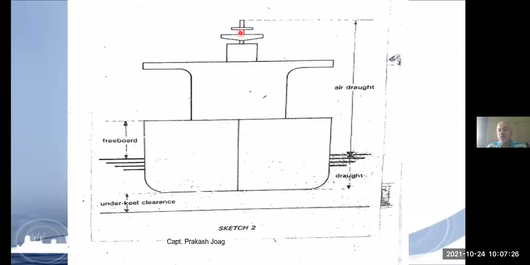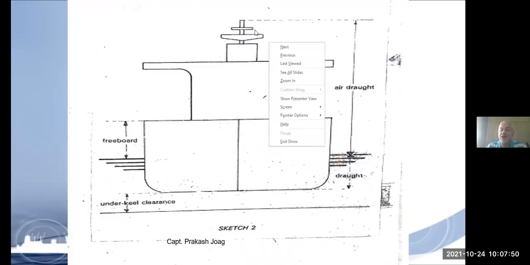This is the total width of the ship, and this is the main body of the ship, which is called the hull or shell plating of the ship. And this part is called the keel of the ship. This is all cargo area, and the ship is floating in water.